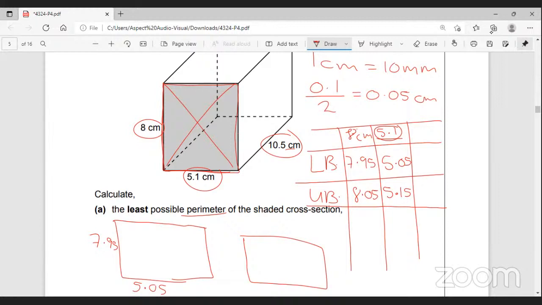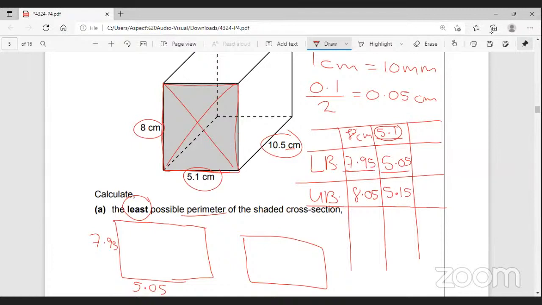So which one is going to give you the maximum perimeter? Is it when you add the upper bounds together or the lower bounds together? The upper bounds will give you the most, but which one is going to give you the least? Is basically the lower bound. So we are going to use the lower bounds to get the least.